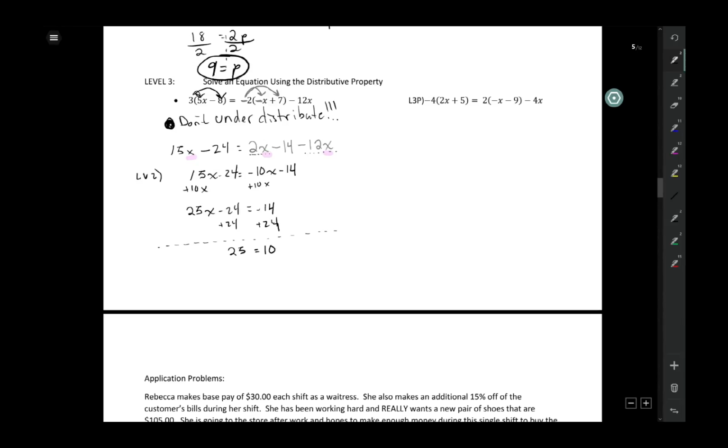25x. And the other thing is students get so afraid of fractions again. Don't be scared. Do not be afraid. It's just a fraction. Okay? Now, that will reduce. 10 and 25 each have a factor of 5.